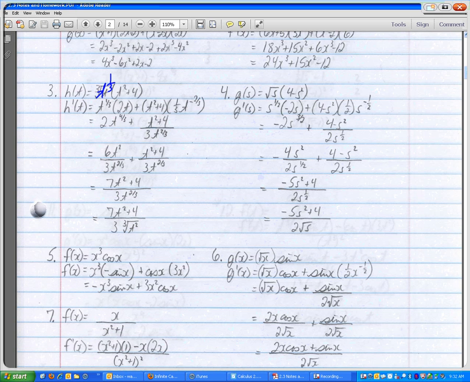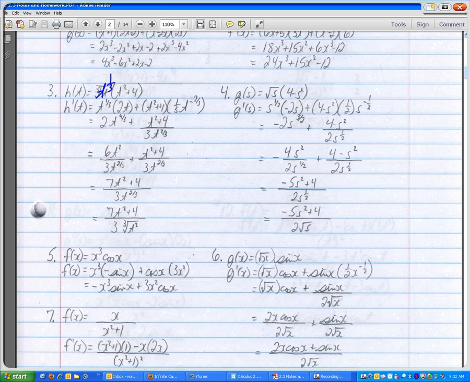Do you take a step to write it, or do it in your head? I don't know what's best for you, but you have to think of it as t to the 1/3. They said use the product rule, so I'm not allowed to multiply it through first.